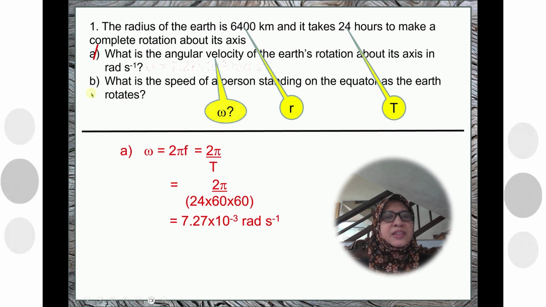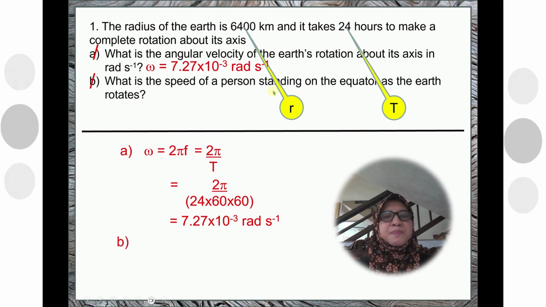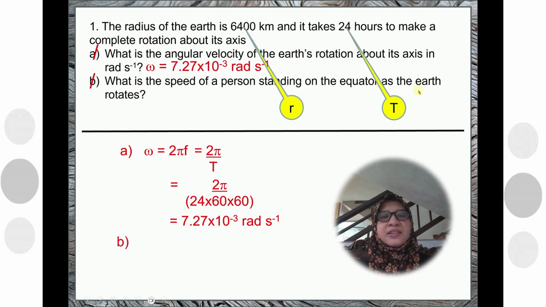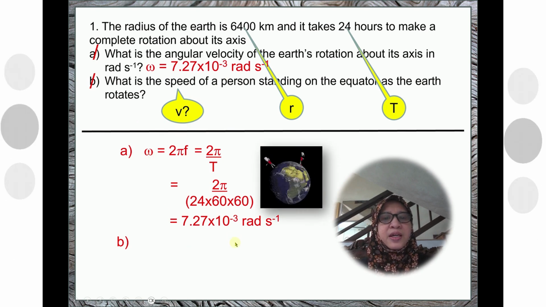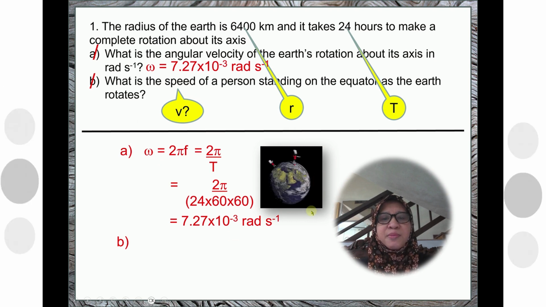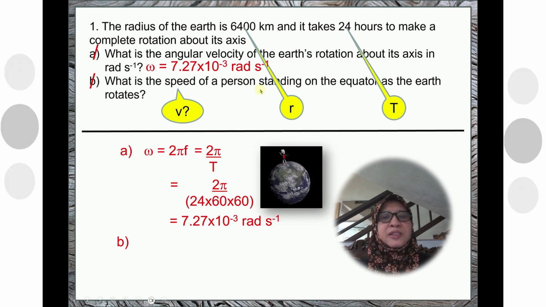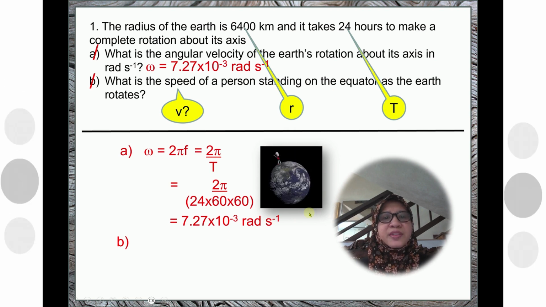Okay, next question B. What is the speed of a person standing on the equator as the earth rotates? So we are going to find v. So we can use the relationship between v and the angular velocity that we found in A. Okay, so you can imagine like in the animation given here, a person standing on the equator.